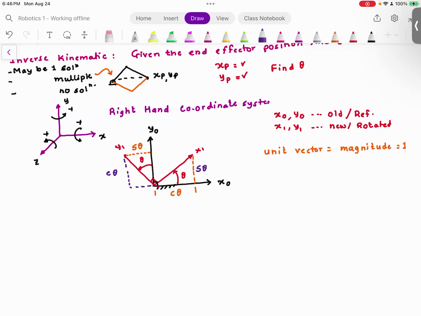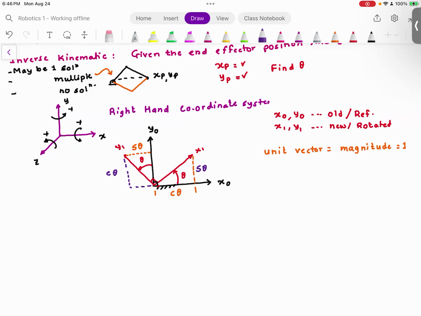And I will repeat this once again. Now let's understand. The old frame is X naught, Y naught. The old frame is not moving. Old frame is fixed, denoted by these dashed lines. But the new frame that was initially aligned with the old frame is rotated by angle theta.